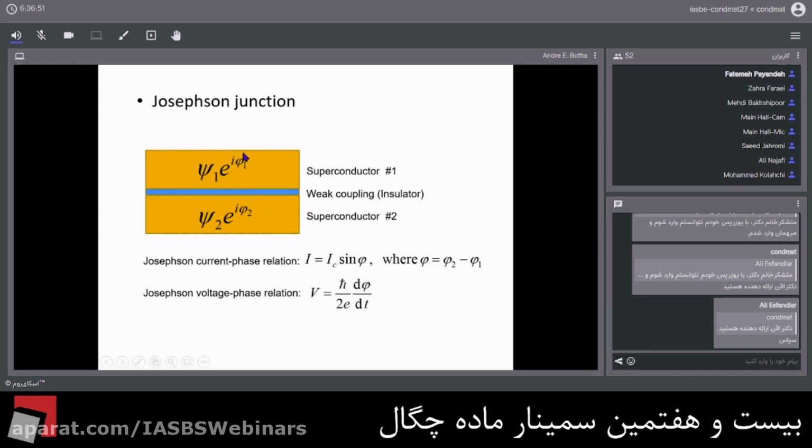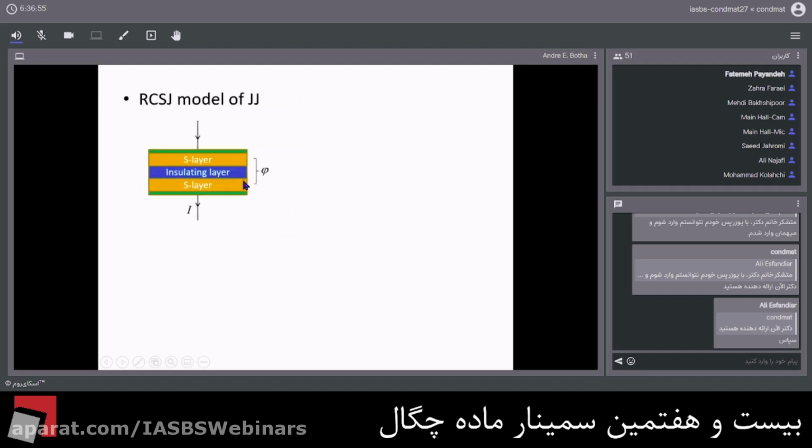This is an ideal situation. In a real situation, the junction is normally connected by some leads and some contacts that cause additional capacitance and resistance in the model. And so usually one of the models used includes this capacitance and resistance.